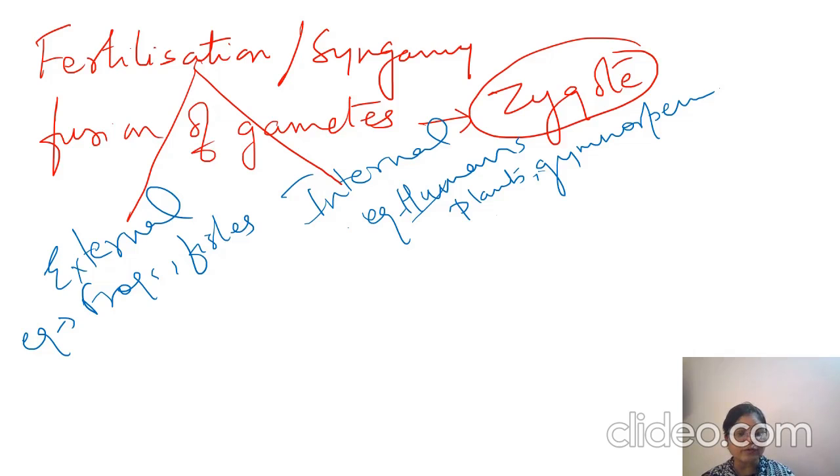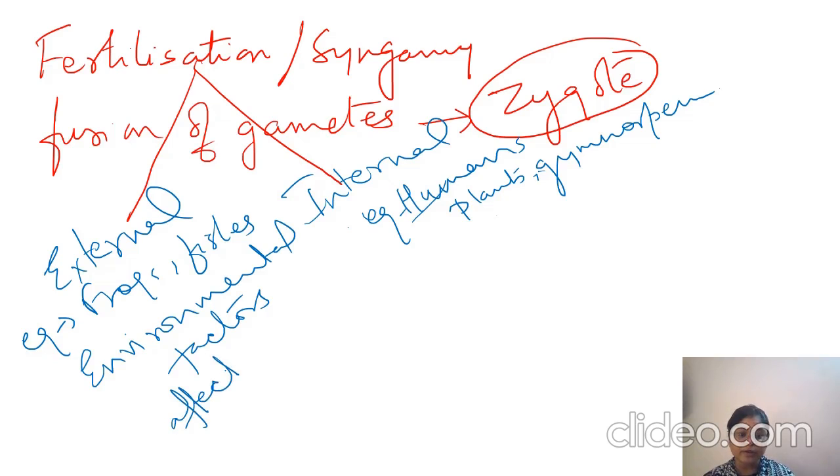Now, in case of external fertilization, they are under threat from environmental conditions. A lot of environmental factors are there which will affect the process. Many of them will be eaten up.